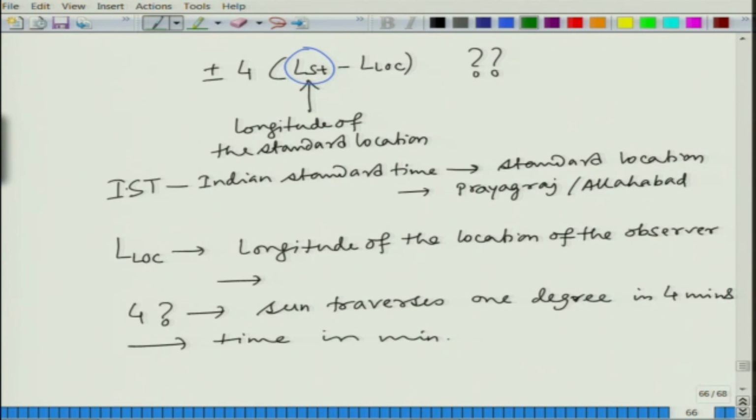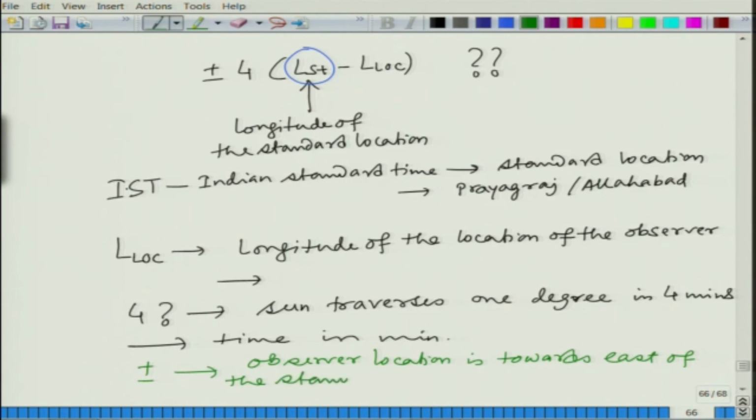And there is one more thing here. Okay, yeah, this plus minus. Okay, this plus minus is coming depending on whether the observer location is towards east of the standard location or west. Okay.